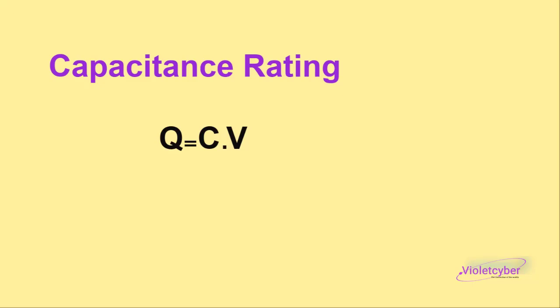For timers and oscillators where timing accuracy is important, smaller capacitance values such as nano or picofarads are used. Please note that in high frequency circuits, selecting the correct capacitance is crucial to avoid voltage drop and ripple.